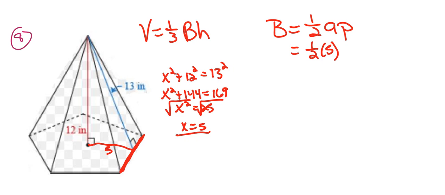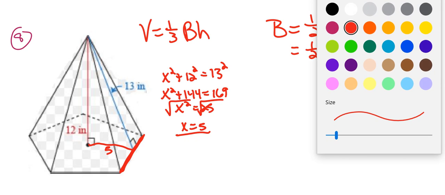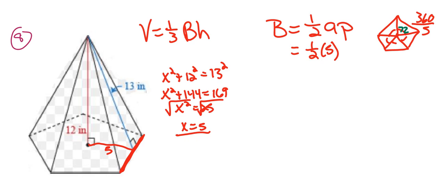If we go back to our work with regular polygons, remember that you can find the central angle by doing 360 divided by the number of sides. In this case, there are 5 sides. So this angle here in the middle, my central angle for a pentagon, is going to be 72 degrees.